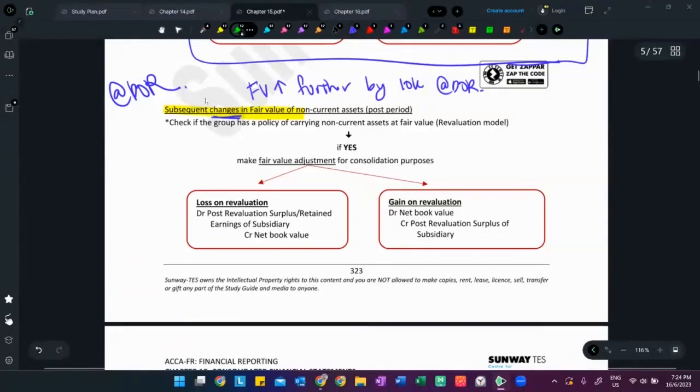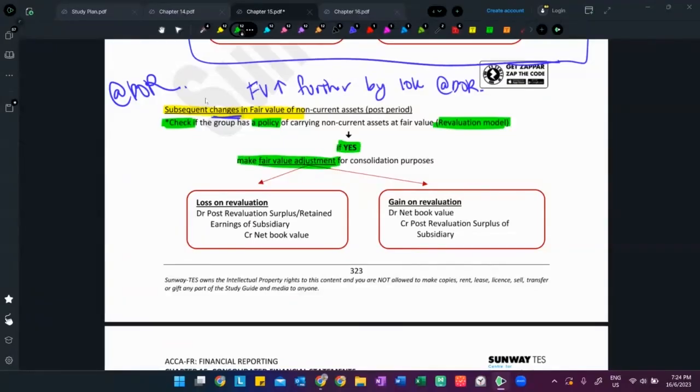You must check whether the group has a policy of using the revaluation model. So only if the group is using the revaluation model, that means if the parent is using the revaluation model, then yes, you will have to make the adjustment. That means you have to record this increase in fair value of 10,000 at the DOR. But if the group is using the cost model, then you do not need to record.